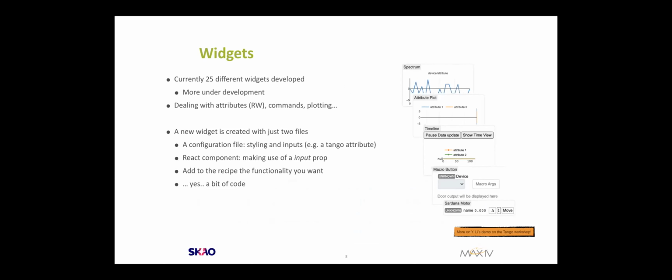And from that, there is also a React component to be developed, but the Taranta application itself takes care of propagating the Tango attribute inputs into the React props. So that's pretty handy. And of course, this is the most basic widget, so it's up to you if you want to extend the functionality.